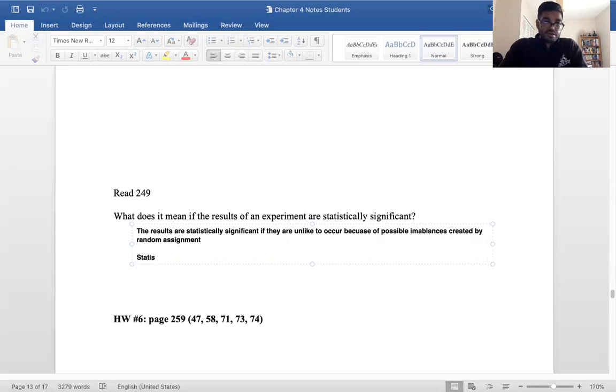Statistically significant results imply convincing evidence. Okay, and this is going to be p-values. That's what's coming up.